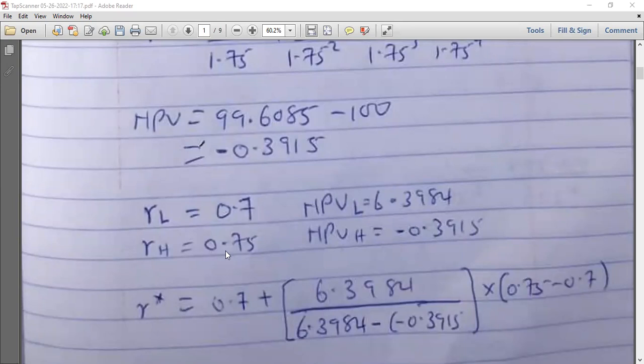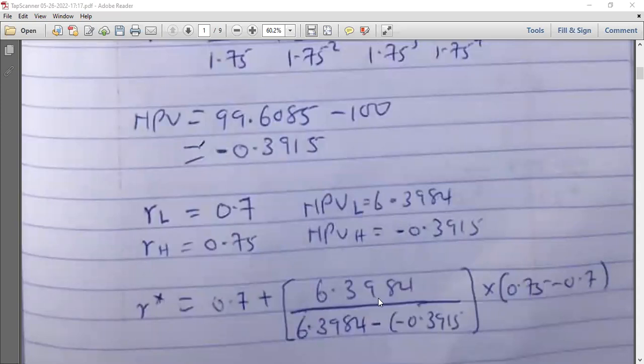This one was 0.75, and this was the NPV. So your R star is equal to RL, the lower interest rate, plus, in brackets, NPVL divided by NPVL minus NPVH, times the higher interest rate minus the lower interest rate.